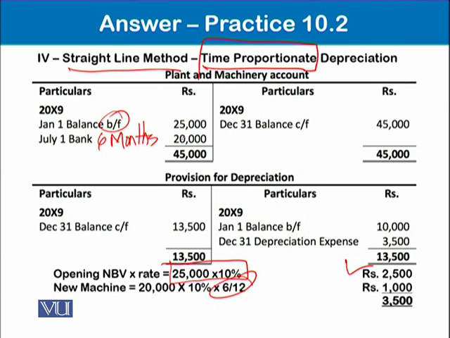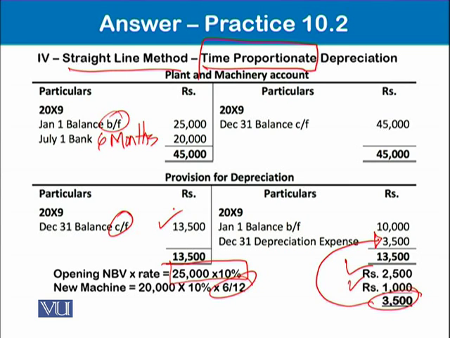So 20,000 times 10% times 6 by 12 would be 1,000 and the total amount would be 3,500, which is there in the provision for depreciation credit side, so that our carry forward balance will be 13,500.